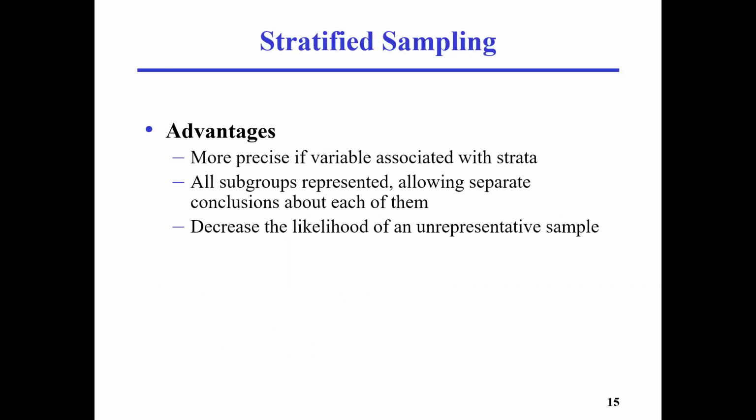And advantages of stratified sampling include being more precise if a variable is associated with the strata. For example, in remote sensing, sometimes we need to sample some pixels from an imagery, and there are urbanized areas and rural areas within this specific image. So if I simply use a simple random method to sample pixels, as we all know, rural areas are larger than urbanized areas.